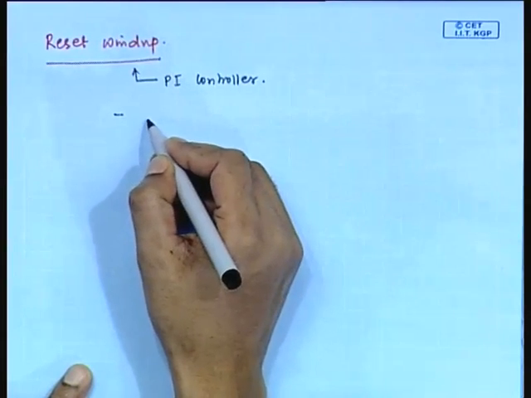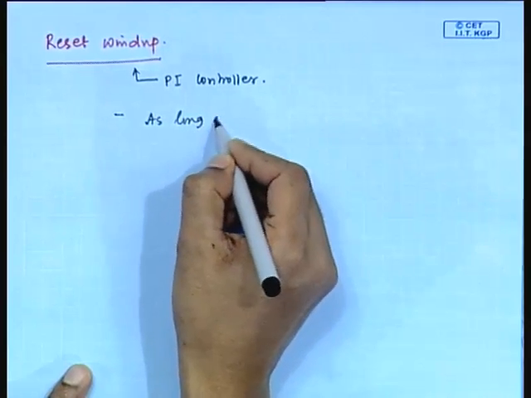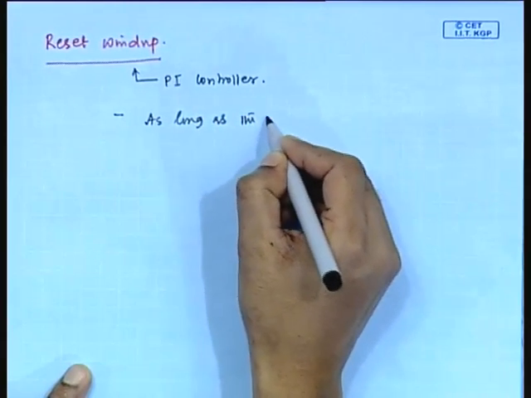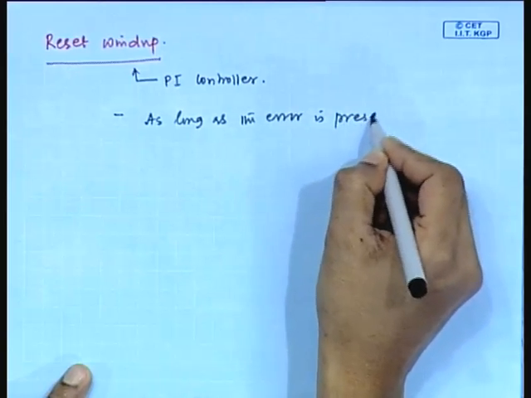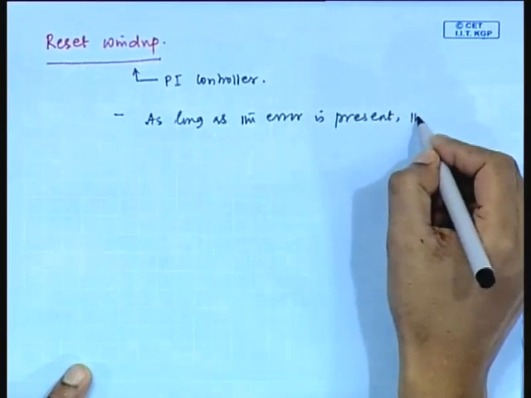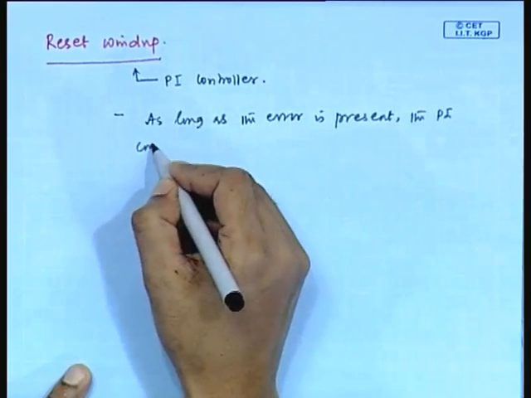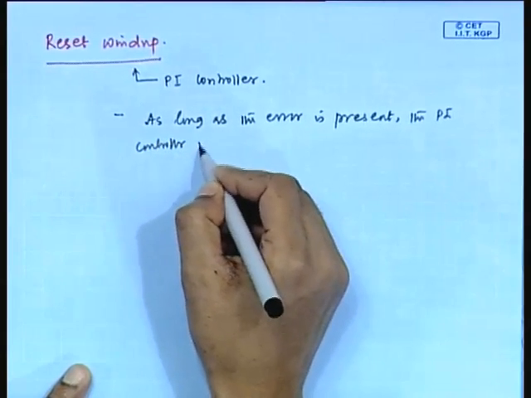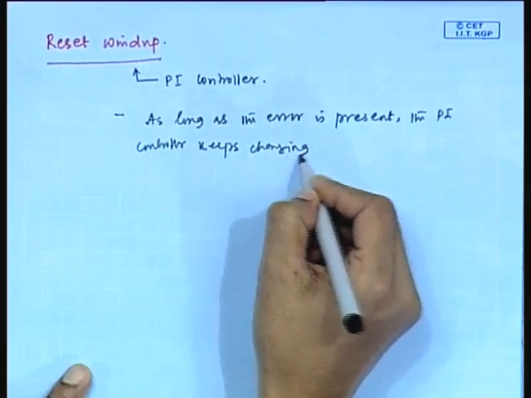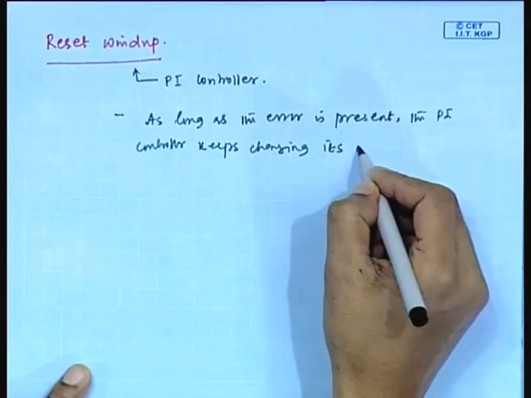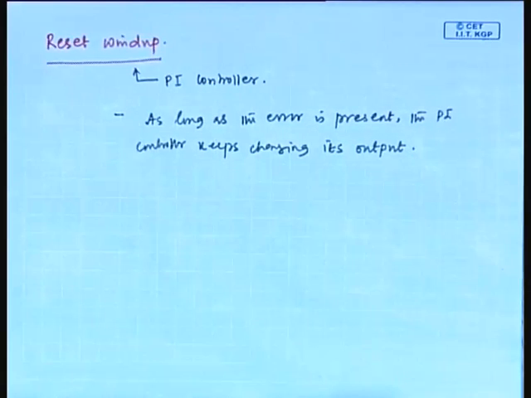So, as long as the error is present, the PI controller keeps changing its output by integrating the error.